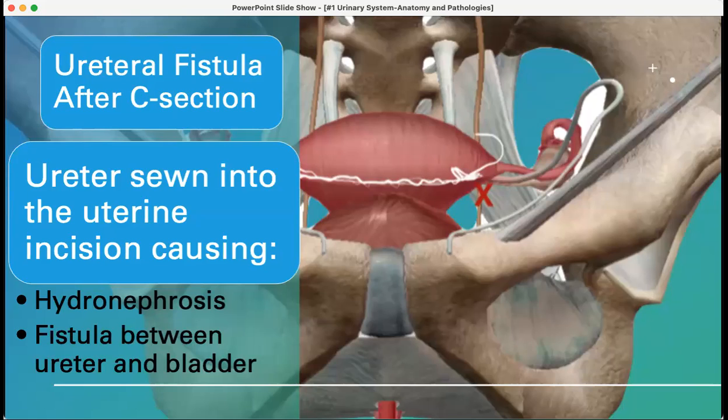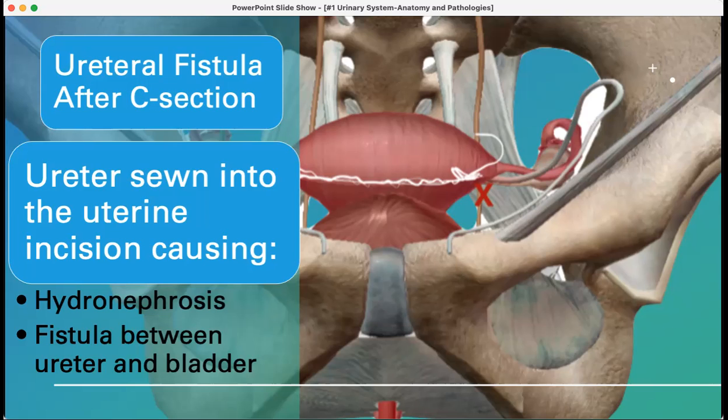So this is because, remember I told you things were very difficult. This is the uterine incision I colored with a white line. They inadvertently cut the ureter on the left side, and they inadvertently, during the suturing, sewed it to the uterus. Now there was a tiny hole that was forming between the ureter and the uterus, so urine was leaking down into the vagina.